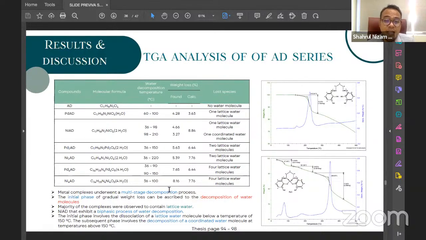We did this because when we ran elemental analysis, the values were not close between theoretical and experimental. So we suspected there must be some water inside, and to validate that, we ran TGA, and we found these numbers of water molecules in our compound.